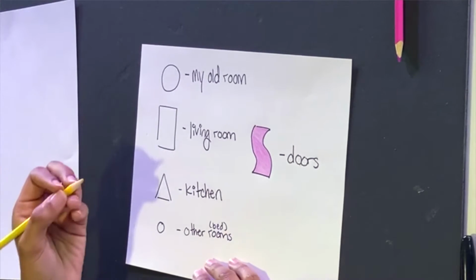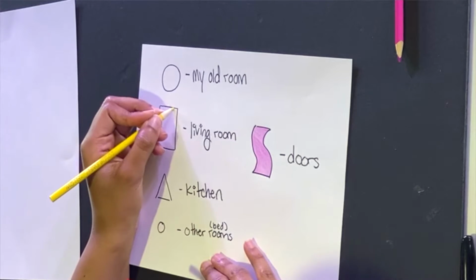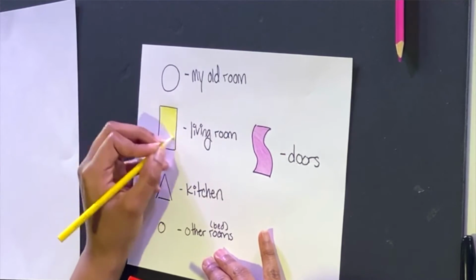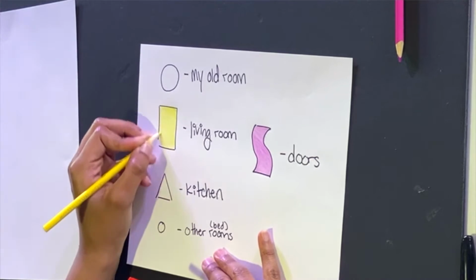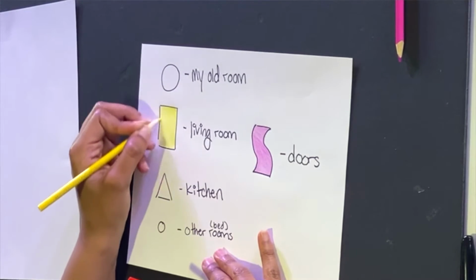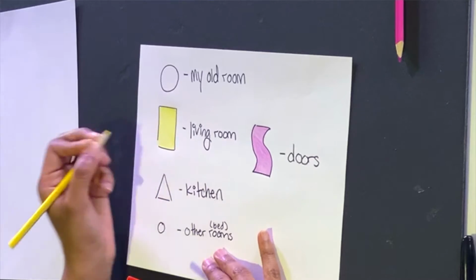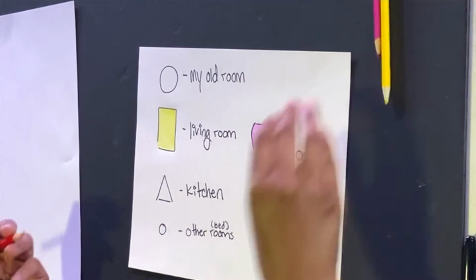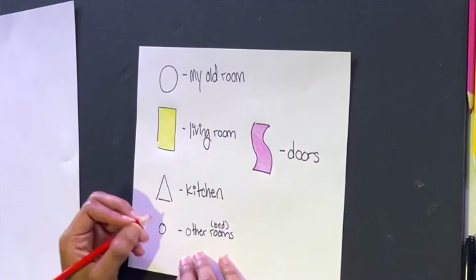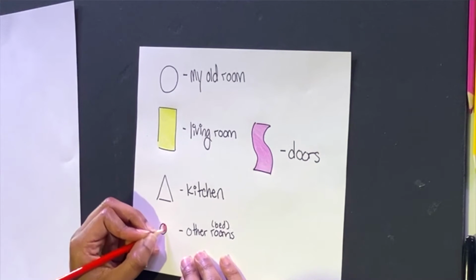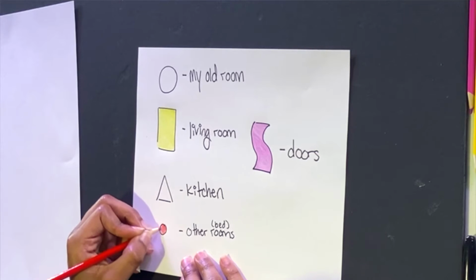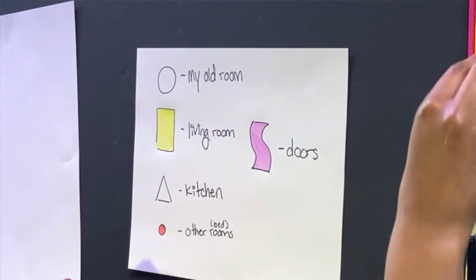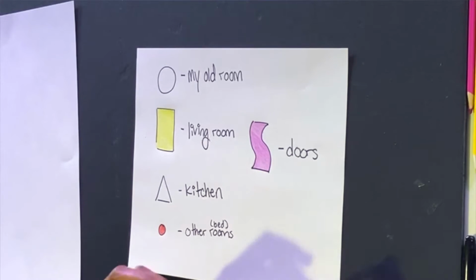So let's do living room. It's got to be yellow. Other rooms are going to be red. Do the kitchen.